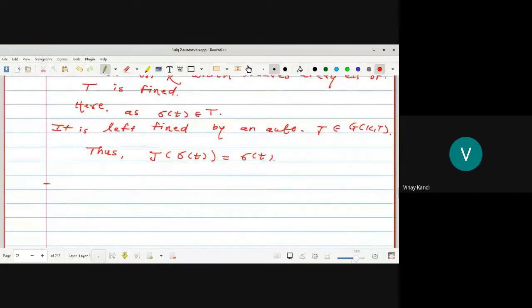Now apply sigma inverse on both sides. Sigma belongs to G(K/F); sigma is an automorphism of K which leaves every element of F fixed. Since sigma belongs to G(K/F) and G(K/F) is a group with respect to composition, sigma inverse must exist in G(K/F). So sigma inverse of J of sigma of t is equal to sigma inverse of sigma of t. What is the reason?